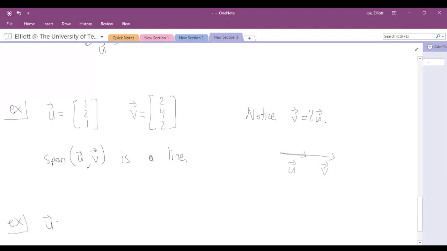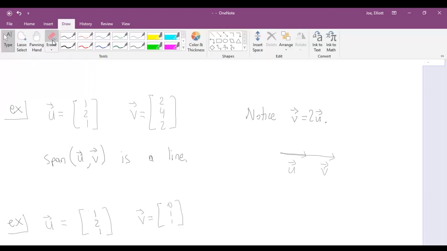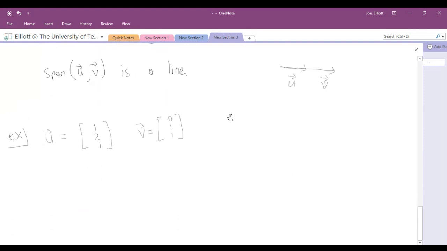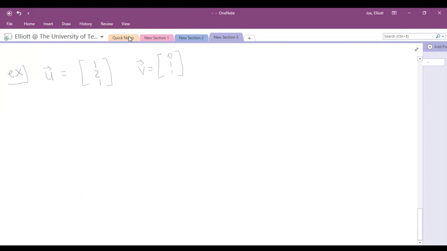All right, let's suppose instead I have my vectors u, which is 1, 2, 1 again, and then v, which is 0, 1, 1. Let's ask the same question.